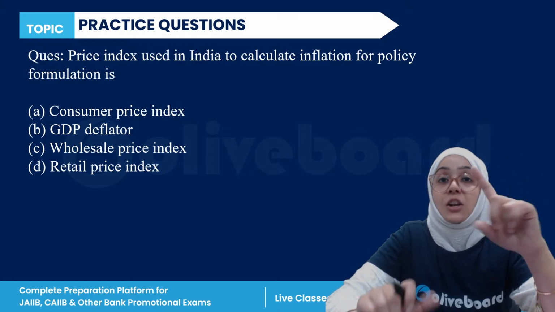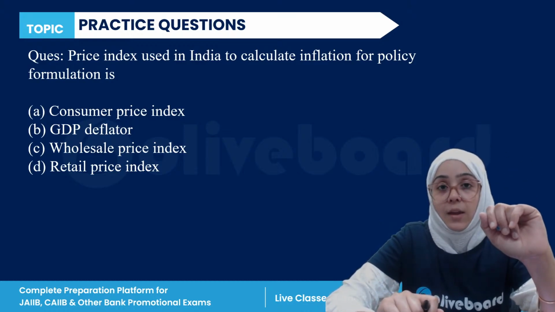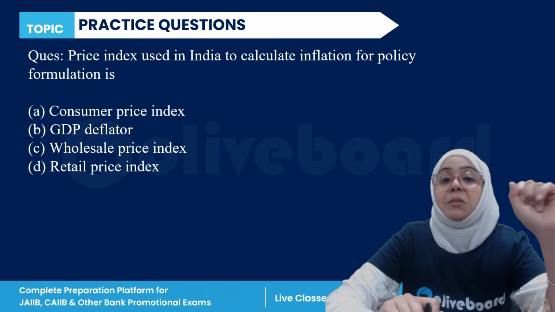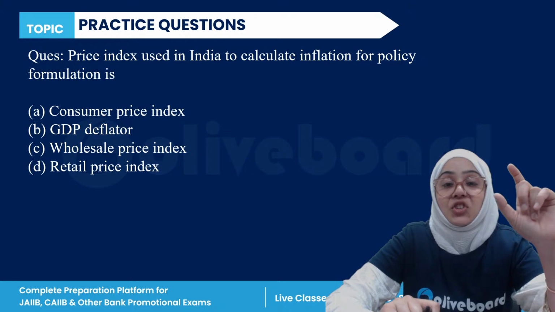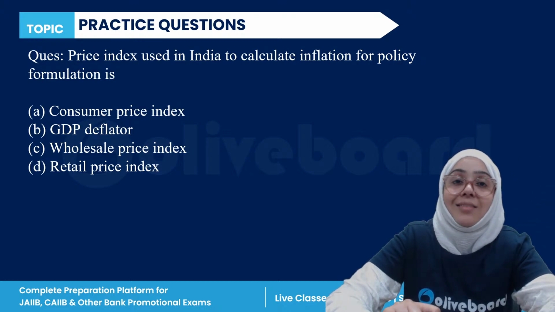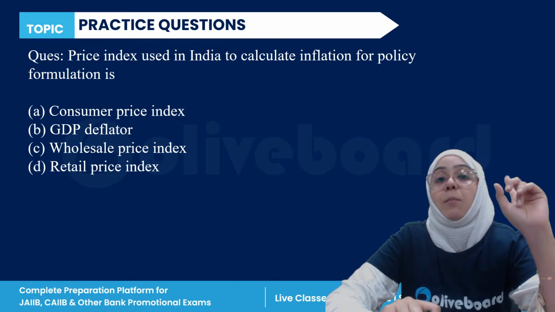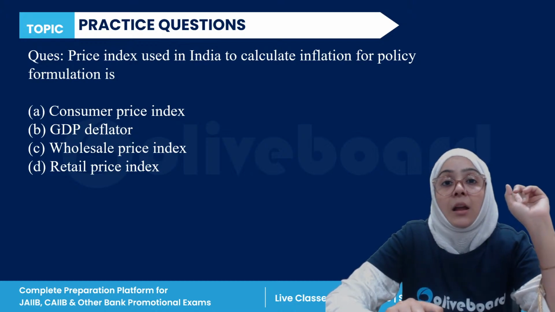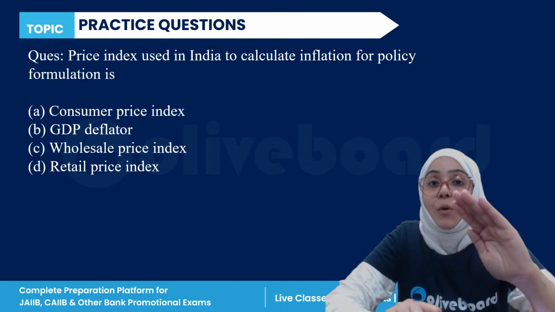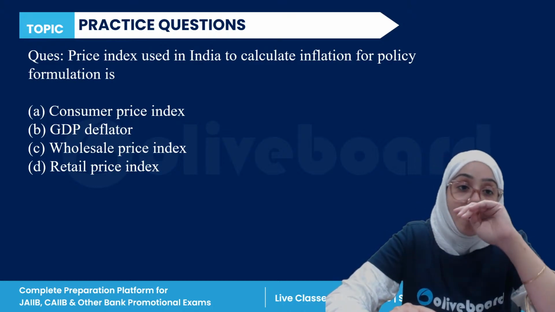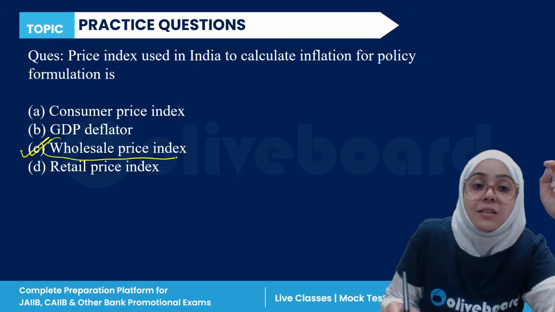First, for general use and general references, what we see in the newspaper and on everyday news channels, that India's inflation is this or that, that is CPI, the consumer price index. But when we are talking about policy formulation, the price index used is the wholesale price index, WPI.